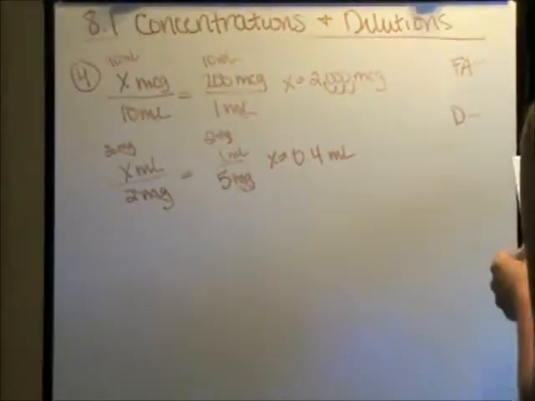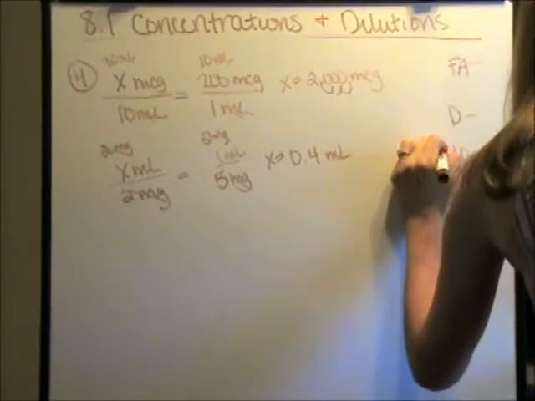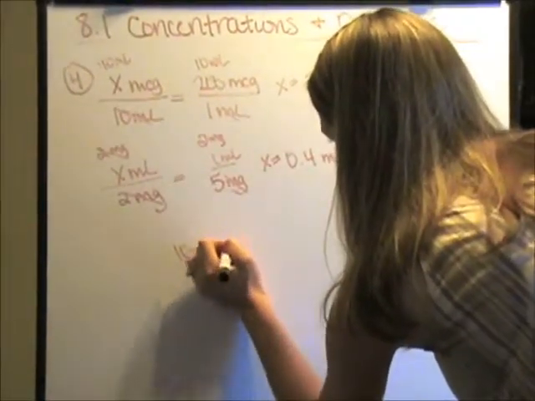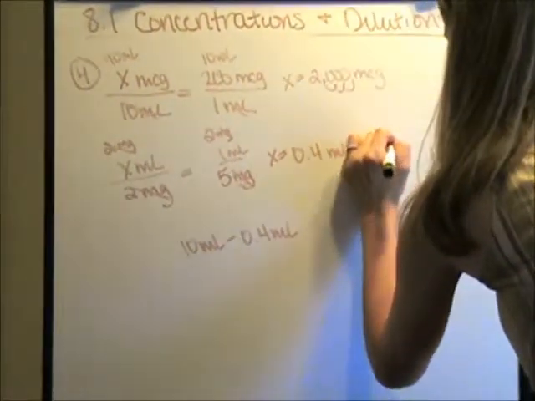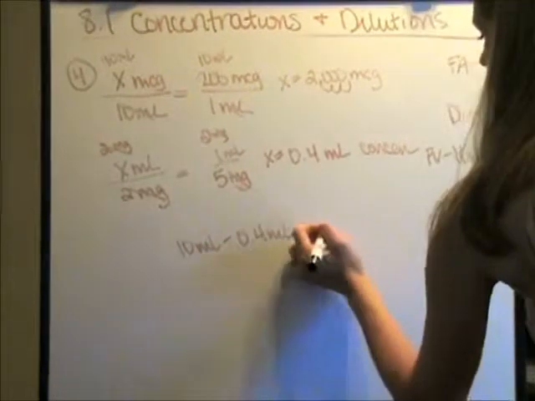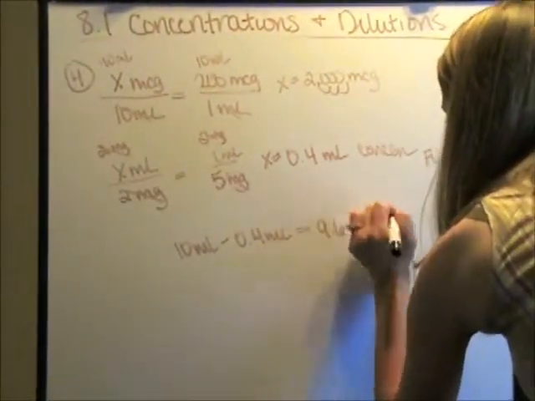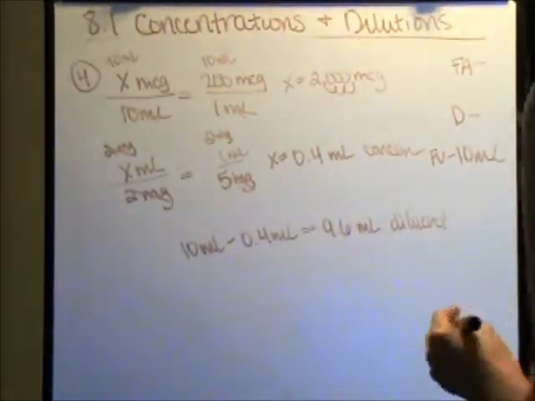Okay, and we know our final volume is 10 milliliters. So we already know our final volume, set right at the beginning of the story problem. We know what our concentrate is, 0.4. We're going to subtract those, and 9.6 is going to be our diluent.